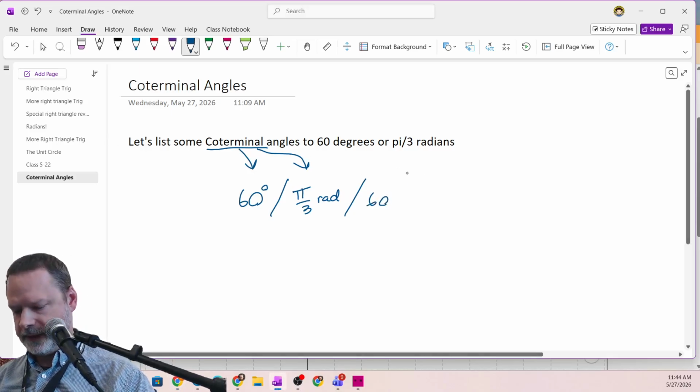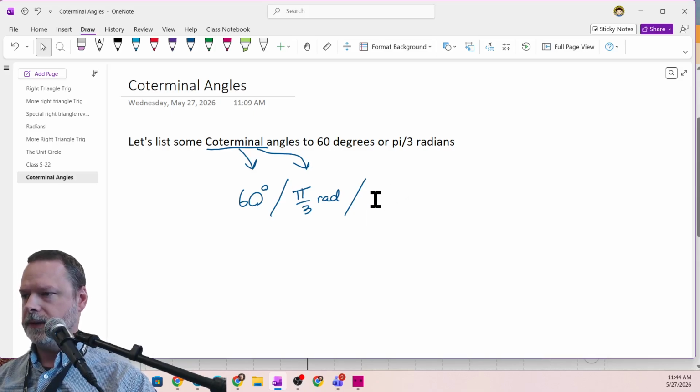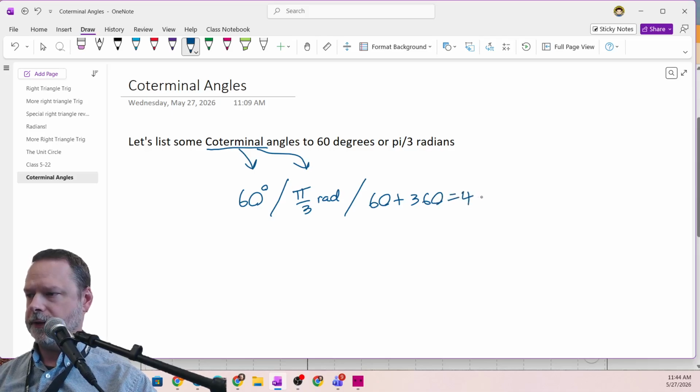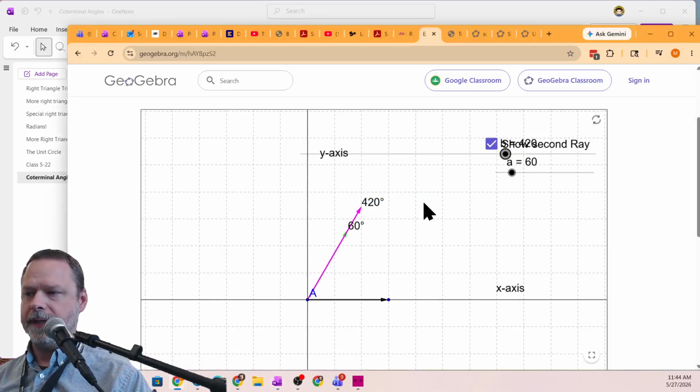And what did we do there? We really did 60 plus 360, and we got 420 degrees. We got a coterminal angle. No problem there, right? I could add 360 again. Let me see. Will this let me add 360 again? It will. Can I get it to end there? That's always the fun.